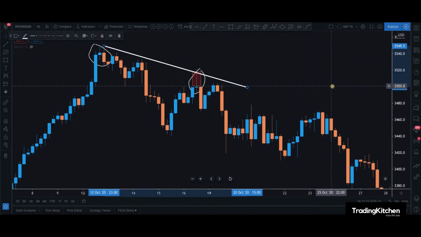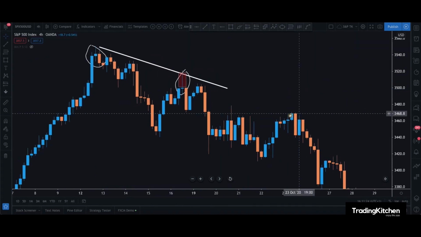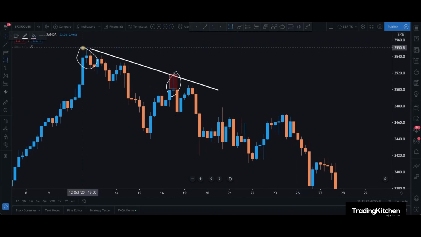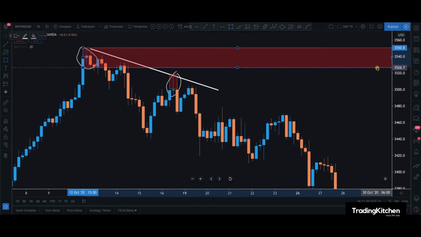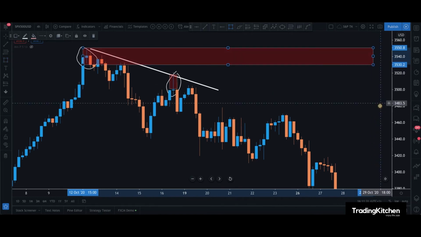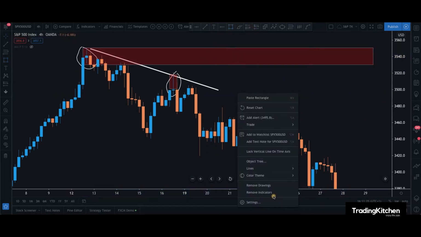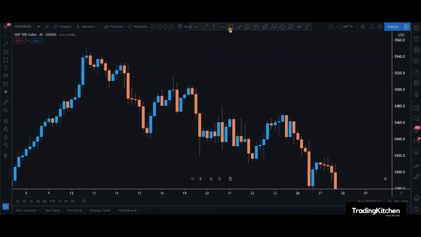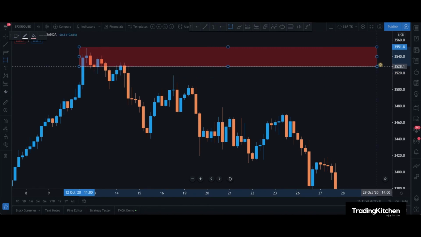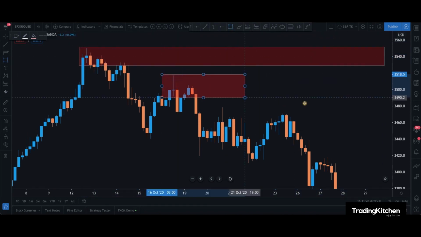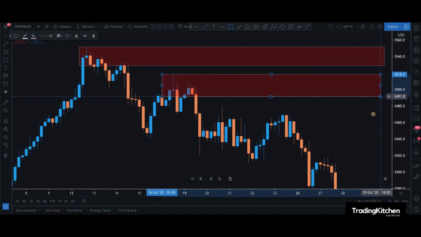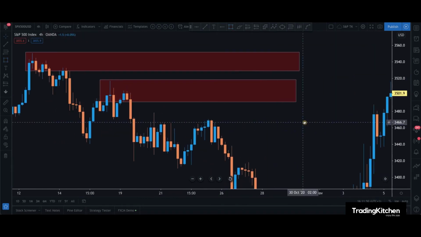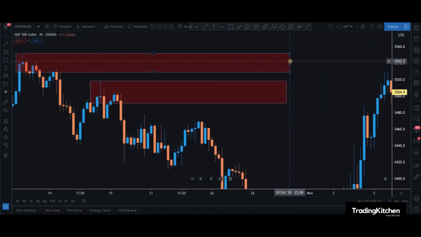Okay, and as you can see, so let me remove everything, I don't want to make a mess. Let me show you.